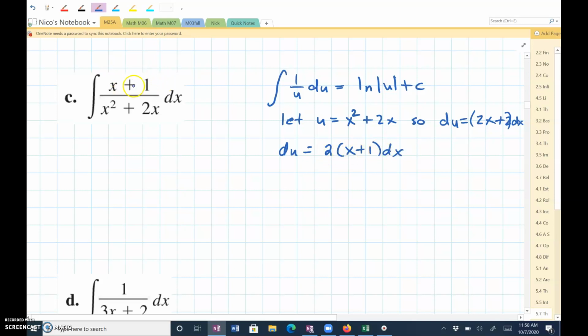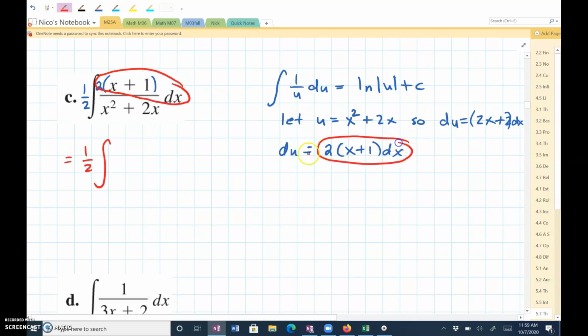So we don't quite have this, but if we put a 2 here, and then to undo the 2 multiplied by 1/2, then we have what we need to substitute. We're going to have 1/2 the integral. All of this is going to become du.